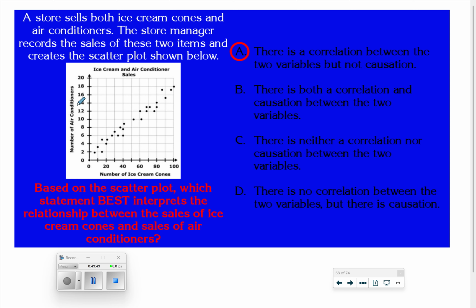So temperature rising might correlate with those, or be a causation for those as well. But here, the number of ice cream cones selling doesn't cause people to buy more air conditioners. So it's no causation, but there is a correlation.